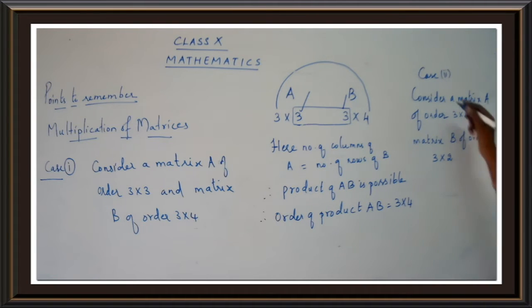Take the next case. Consider a matrix A of order 3 cross 4 and matrix B of order 3 cross 2. Okay. So now let us check whether we are able to find the product or not.